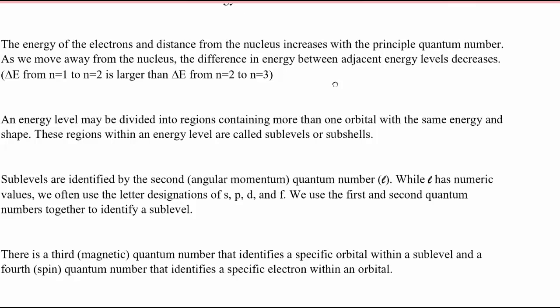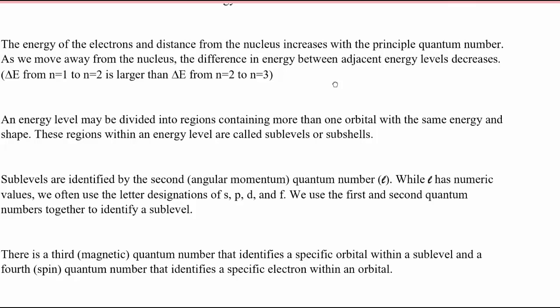Then the fourth quantum number is called the spin quantum number. And what we use that one for is that in a given orbital, I can have 2 electrons. And so I use that spin quantum number to specify, okay, which electron is that?